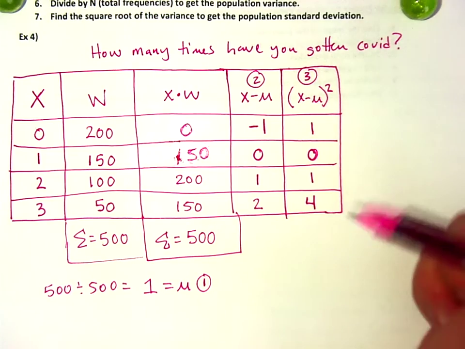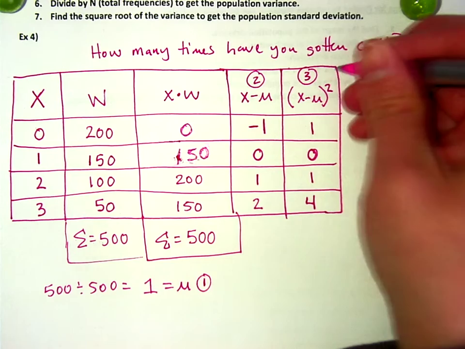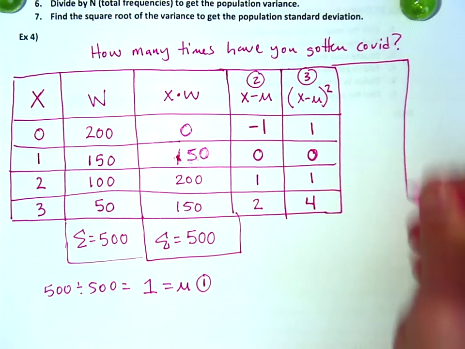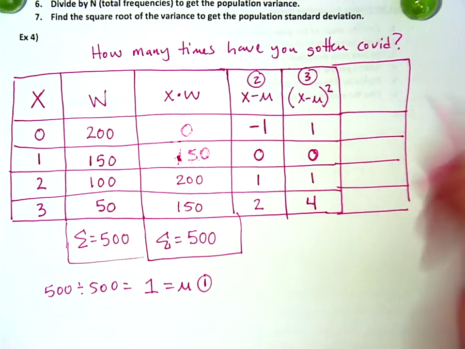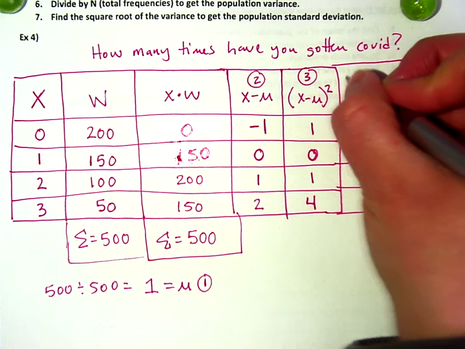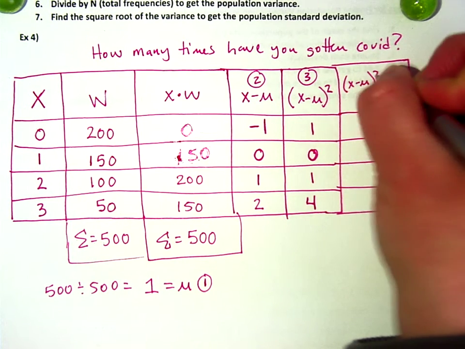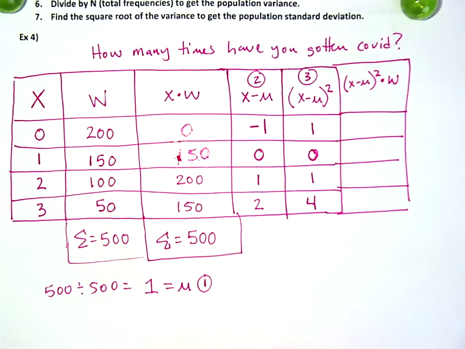Then you have to multiply the squared deviations with the frequency from each class. So I guess we have one more column here. So this one, we're going to multiply the squared deviations. That's x minus mu squared times the weight from each class, or frequency.